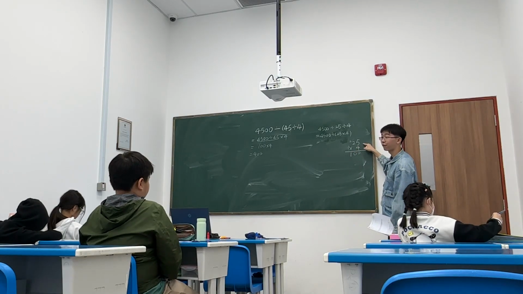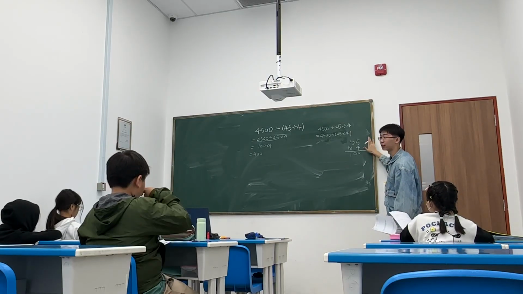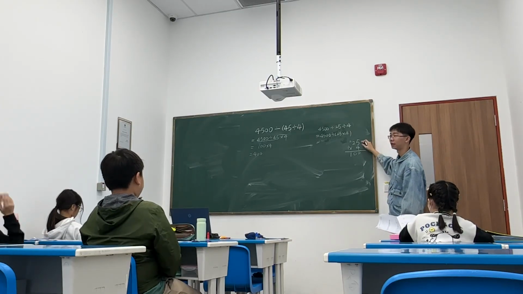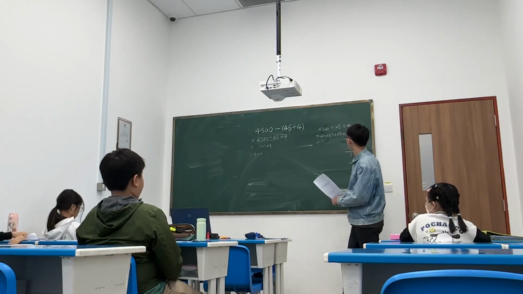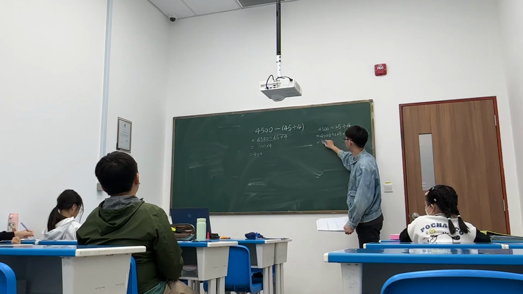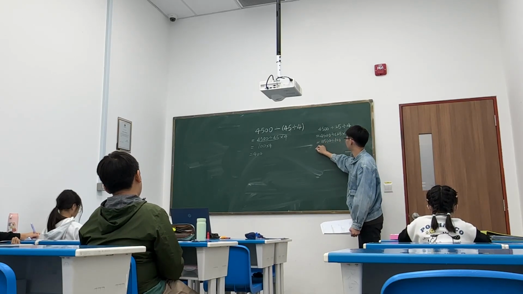So 4 times 25 equals 100. Now, again, this is a very important number. 4 and 25 multiply to give you 100. Okay? So 25 times 4 equals 100. This becomes 4,500 divided by 100, and the result is just 45.